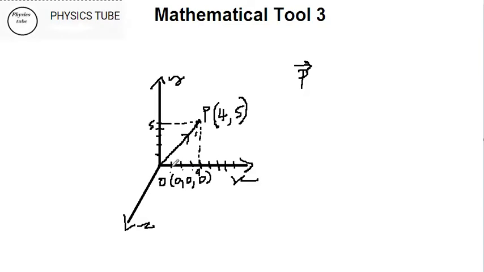So along the x-axis we consider some unit vector i, and along the y-axis we consider j, and along the z-axis we consider k. Please try to understand this. i, j, k, English alphabetically, they are also in sequence like x, y, z.